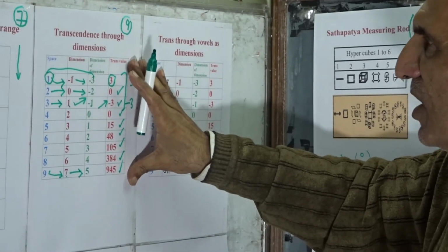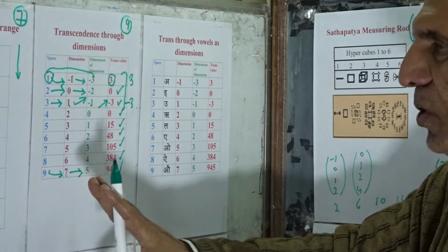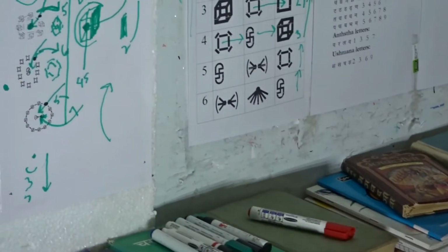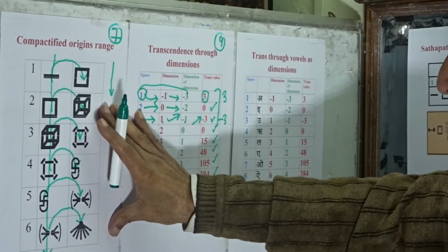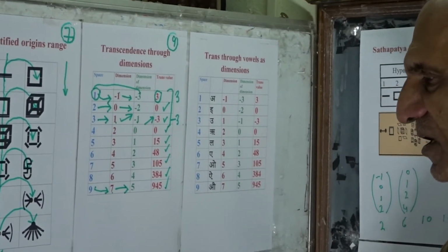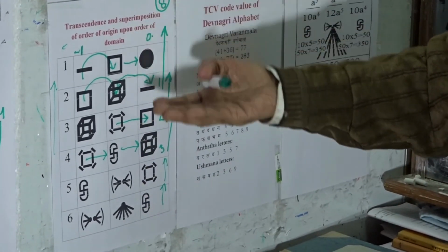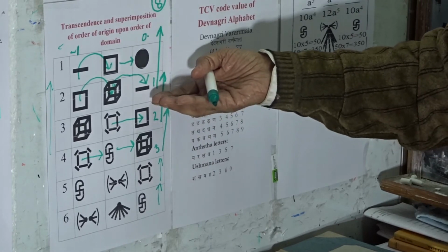This concept of transcendence through dimensions is now that firstly we had reached at cosmic windows by stripping off the outer boundary component. Then at the origin we had a compactified origins range going inward. Thereafter we had a transcendence from the origin and we had a superimposition of a higher order upon a lower order of a domain.